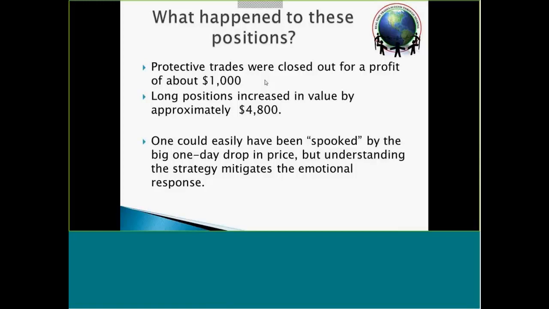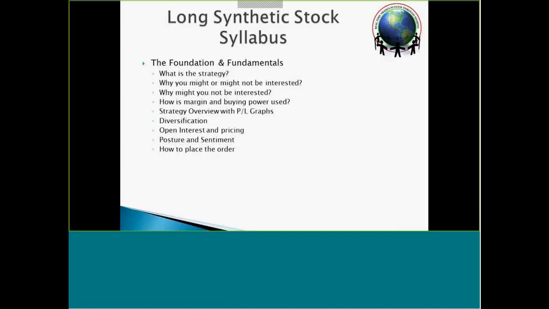It's okay to let it happen, or if this scenario happens, here's how I react. That level of confidence to not be spooked, but to be prepared is really important, especially when you start considering a strategy like this.